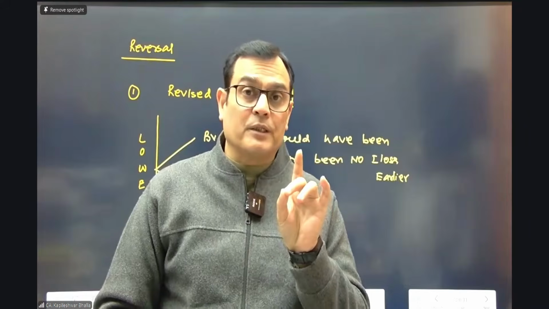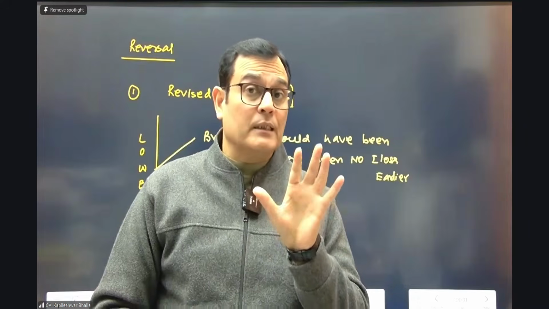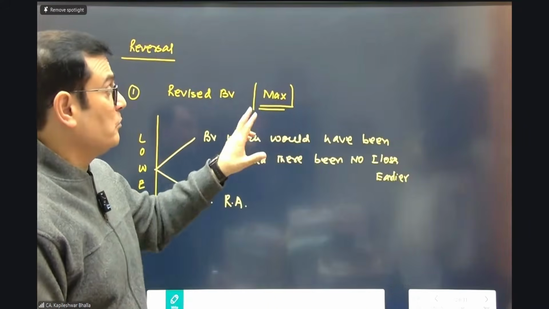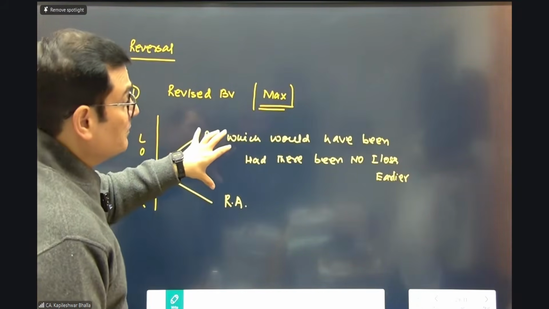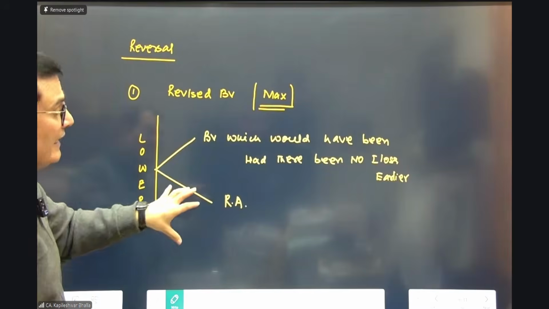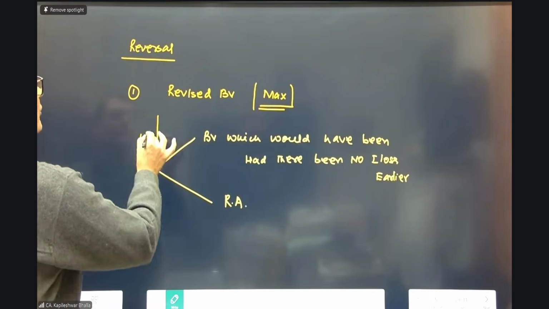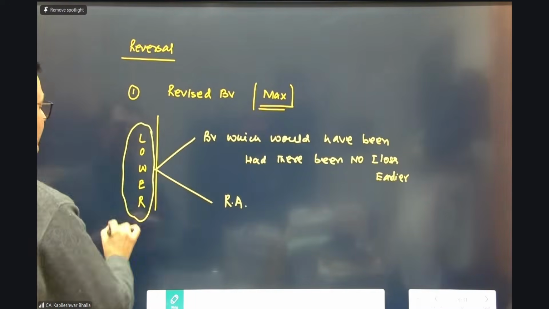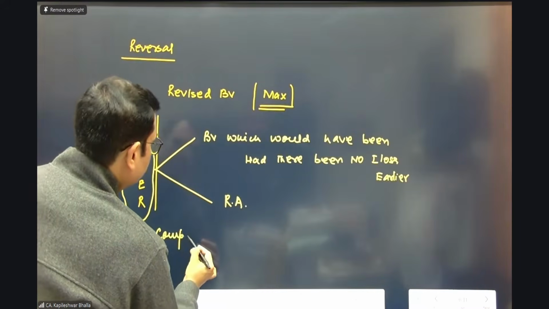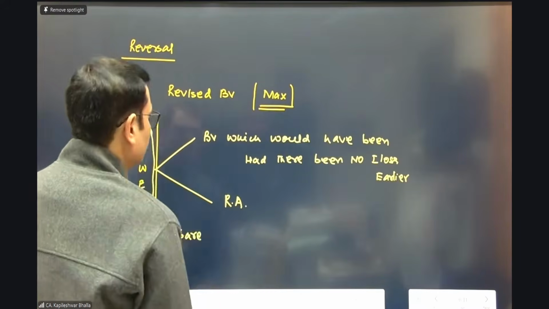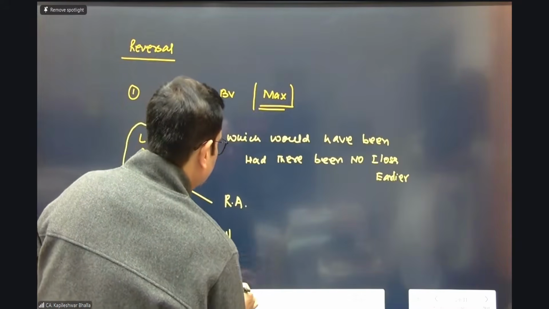So when you go for a reversal, just organize the maximum revised book value which can be. Compare the book value which would have been had there been no impairment earlier and the recoverable amount. Take the lower of the two. Then in this particular case, we'll compare two things.